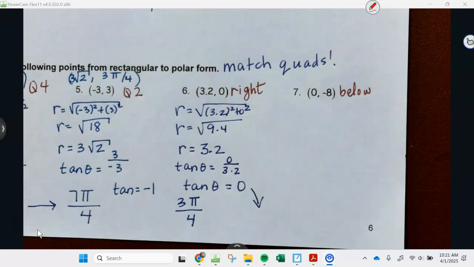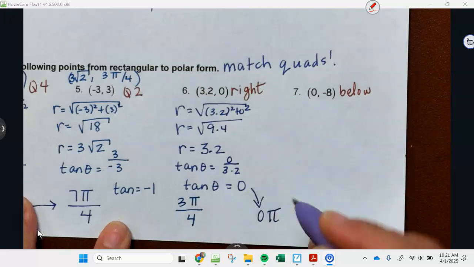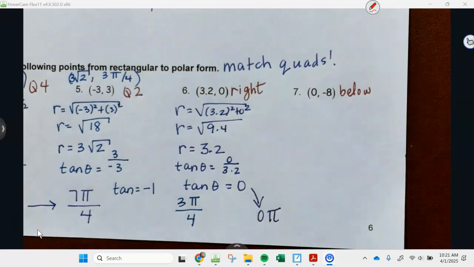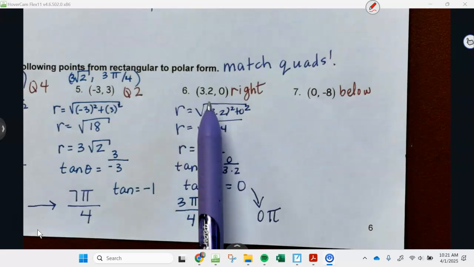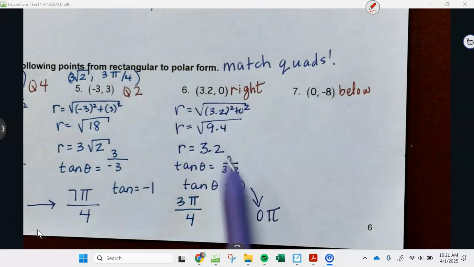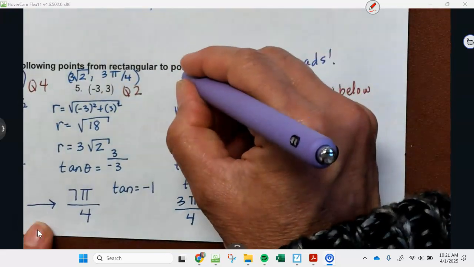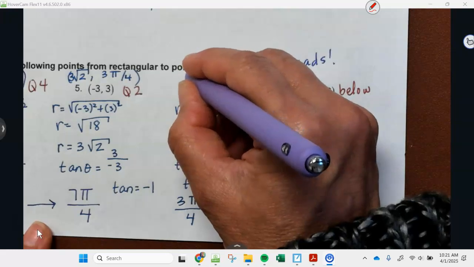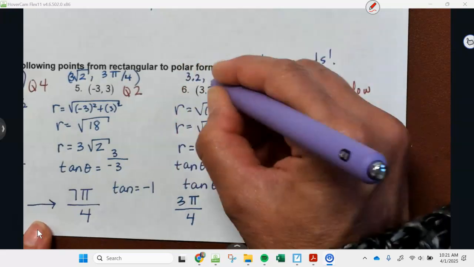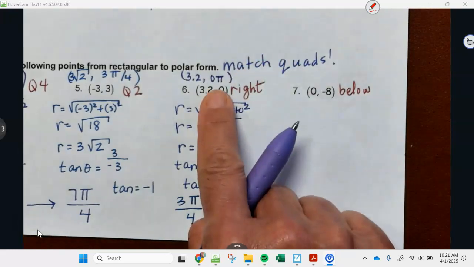It's 0 pi, that is correct. We definitely want 0 pi. Y'all, plain pi gives you 0 also. But plain pi is to the left, this is to the right. So we want the right side. So polar form is going to be 3.2, and I'm just going to write the pi symbol so y'all know that I wrote it in polar form.